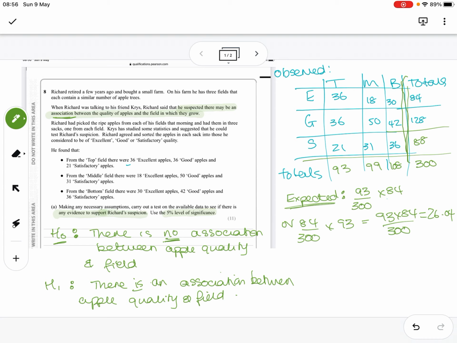Press equals, and we get our chi-squared value, my test statistic, 11.5150. I've also got a probability and the degrees of freedom, which would be 3 minus 1 times 3 minus 1 for the rows and columns, which is 2 times 2, which is 4. It comes up on the calculator, so you don't need to worry about that.